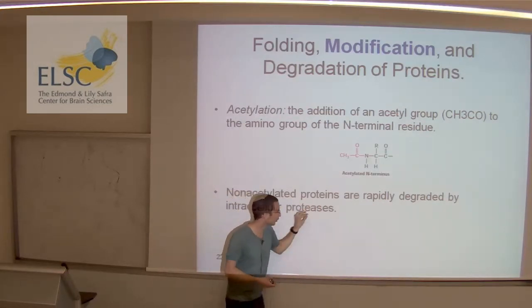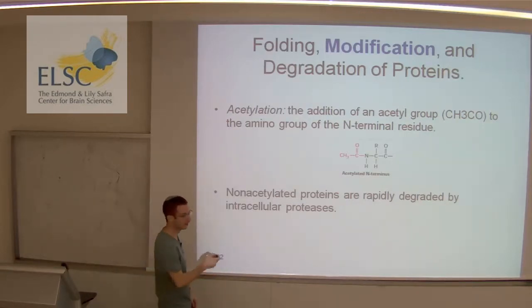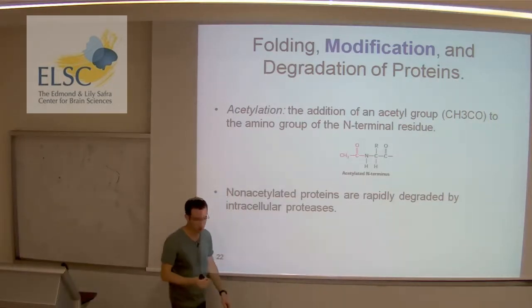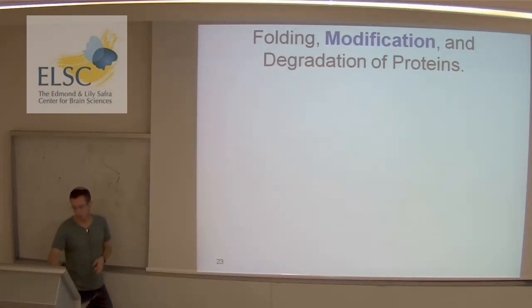So proteases are proteins that cleave proteins. Cleavage means cutting of the polypeptide chain. Okay, so as I said, acetylation is perhaps the most common chemical modification on proteins in the cell.